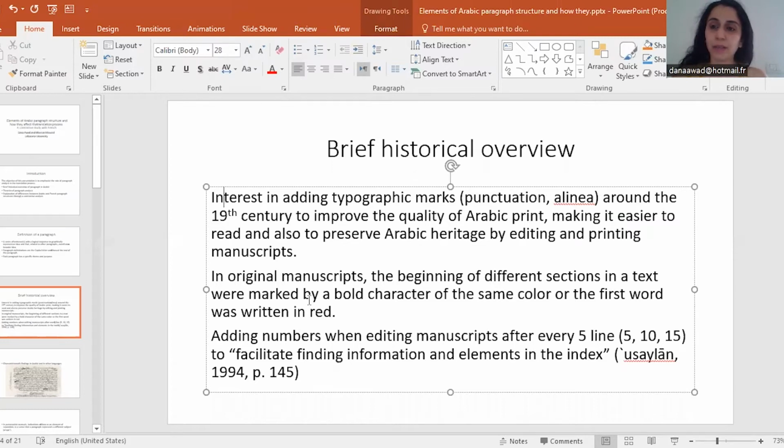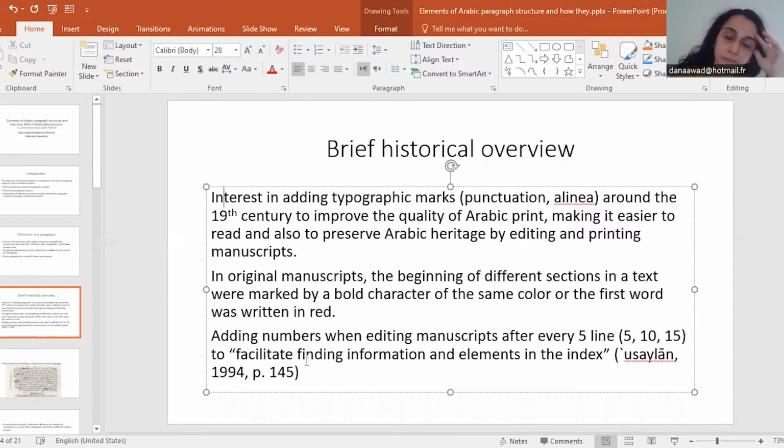So in original manuscripts, the beginnings of different sections, or chapters, let's say, were marked either by a bold character or a different color, especially the color red.